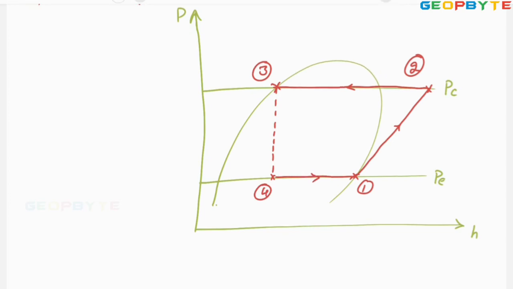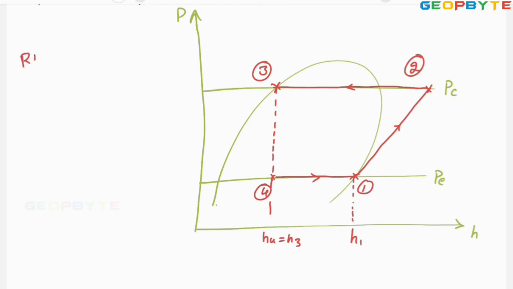So for this case, the enthalpy limits are H1, the enthalpy at state 1, and H4 equal to H3, the enthalpy at state 4.